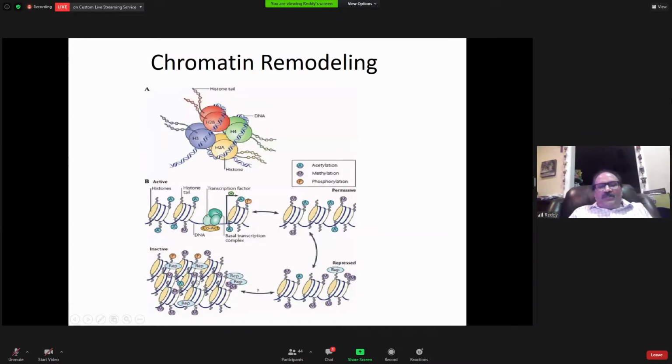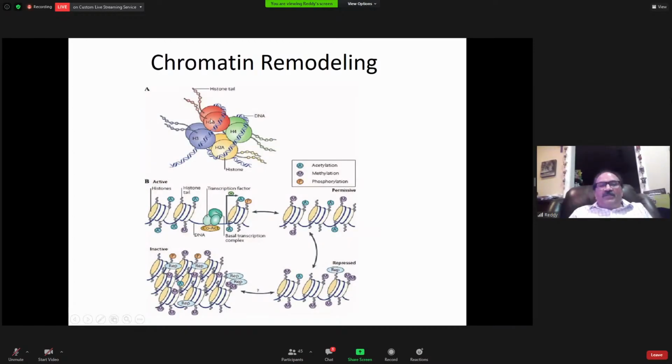So this gene is locked, but once it needs to be transcribed, all the chemistry of this genic space will change. These tails will get acetylated and phosphorylated, and methylation, selectively on some amino acids, is also important for transcription. Then the binding sites are open.